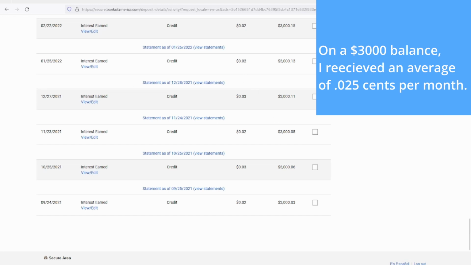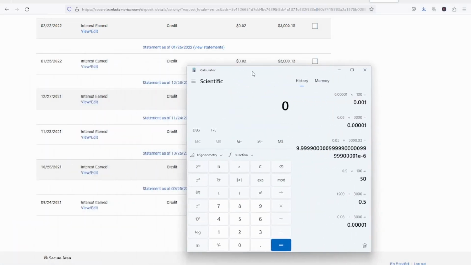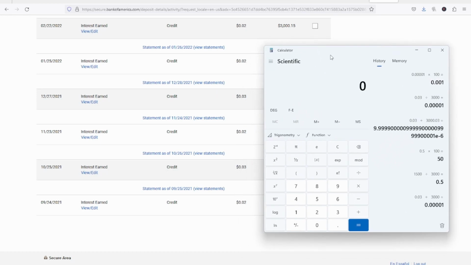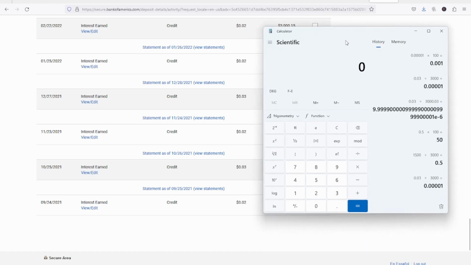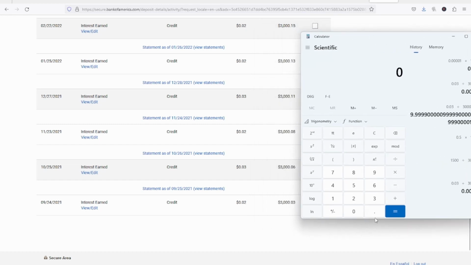So let's look at what that is in terms of interest. Here's my calculator. First, let's calculate the interest earned in the first month. We said it's 3 cents divided by $3,000. I'm just going to round it off to $3,000.